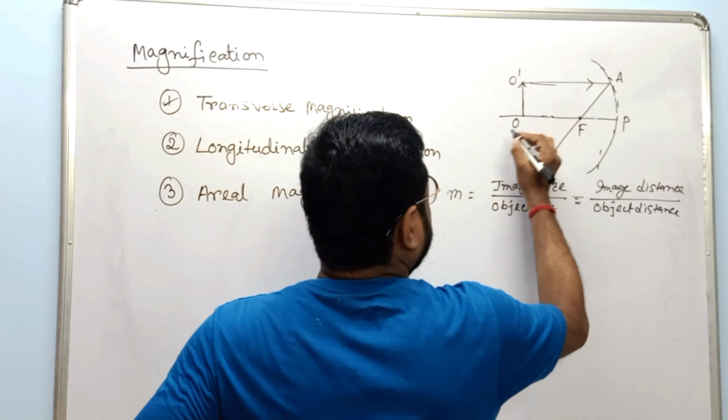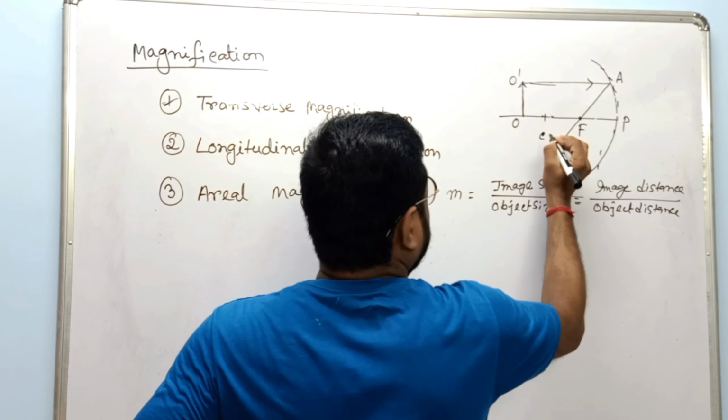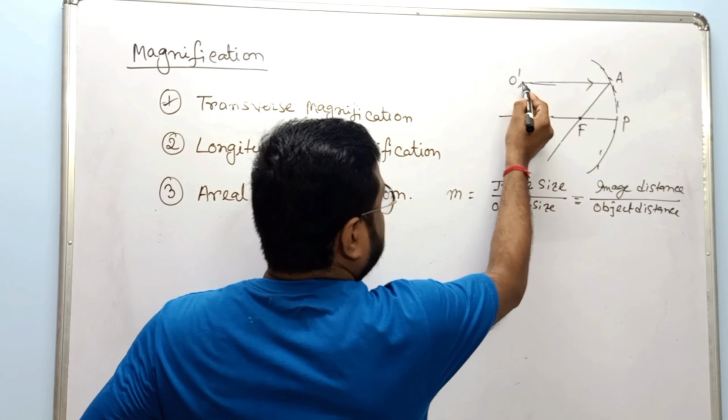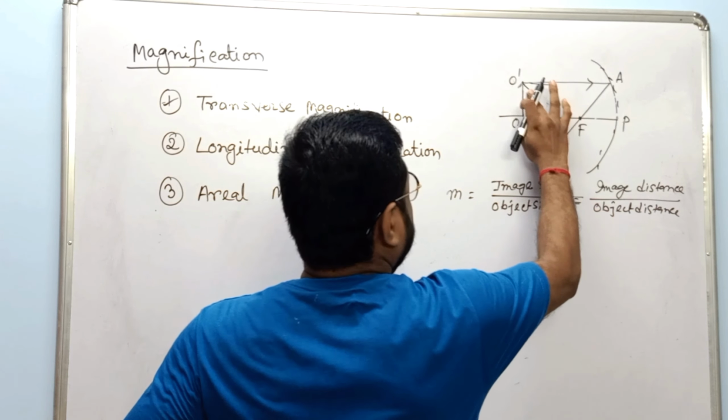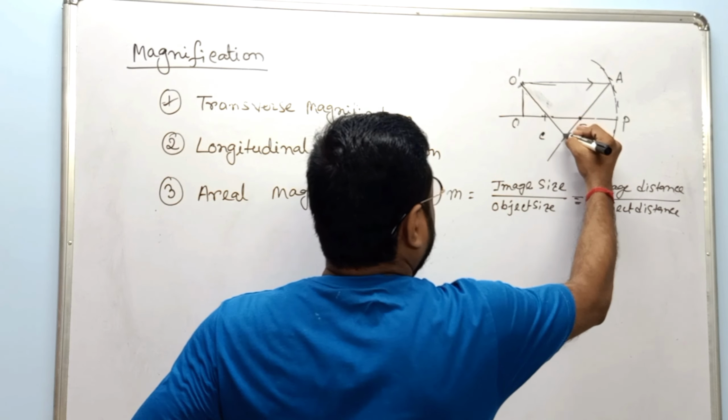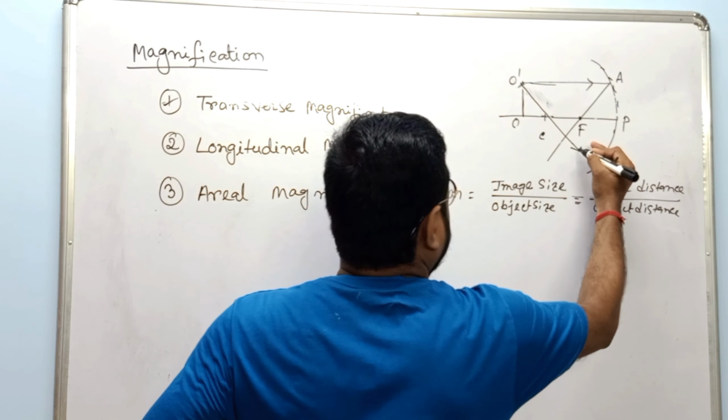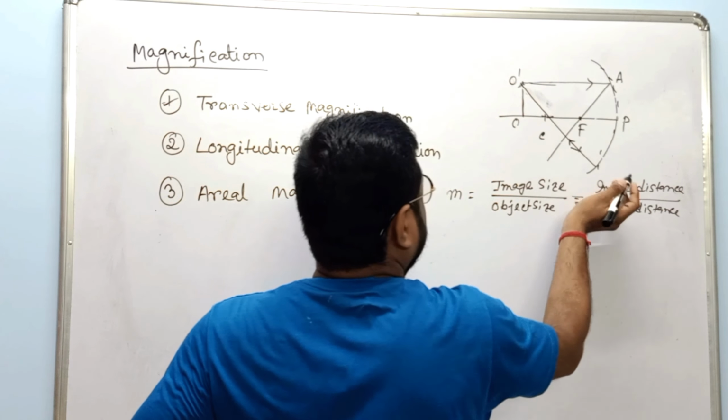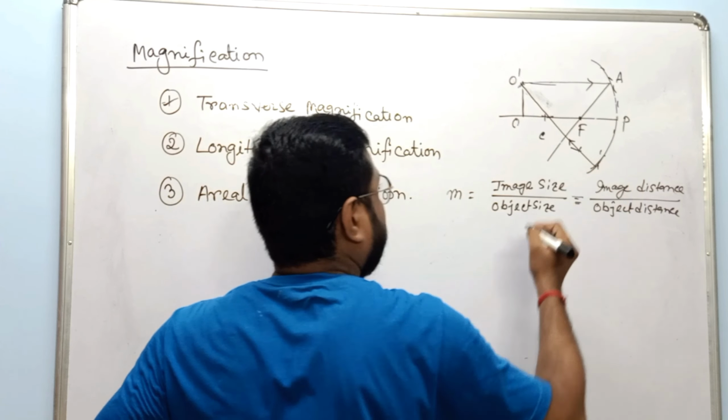Similarly, if this is the center of curvature, we know that a ray passing through the center of curvature is reflected back normally along the same direction.